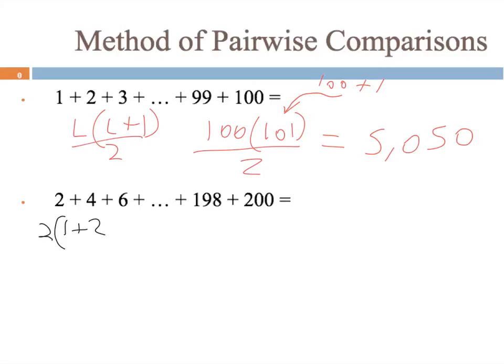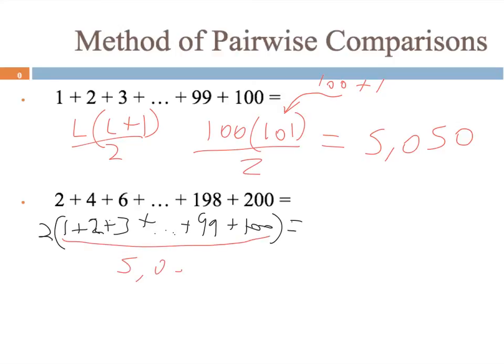So 2 times 1 is 2. 2 times 2 is 4. 2 times 3 is 6, and then so on and so on. 2 times 99 is 198, and 2 times 100 is 200. Okay, and we just did this part in the last problem. We found out that this was 5,050. Okay, so really it's just going to come down to 2 times 5,050. And that should multiply out to 10,100.